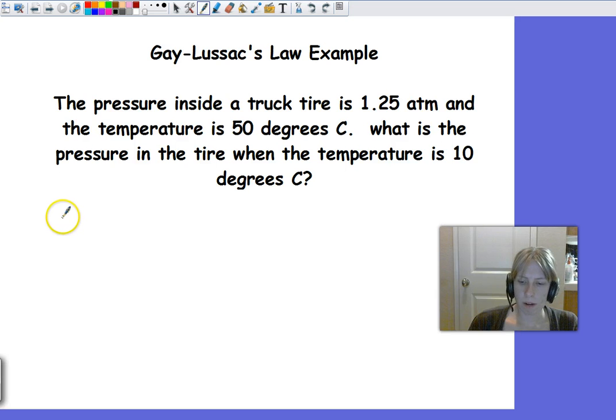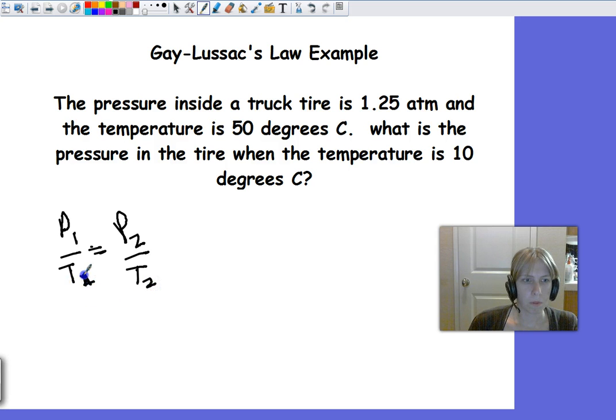So first we're going to write our equation, which is going to be P1 over T1, sorry about the writing, equals P2 over T2.